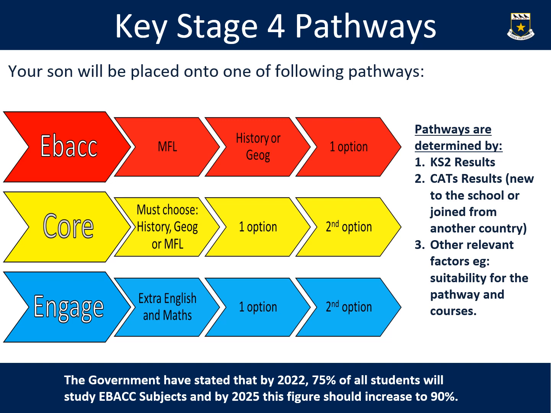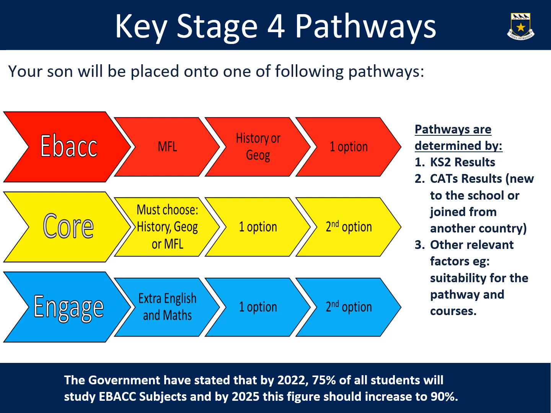If your son is on the core pathway, they can choose one of the EBAC subjects between history, geography, and one of the languages, and then they have two other options that they can choose from as well. If your son is on the Engage pathway, they will be receiving additional support for English and Maths, and then they can choose two options of their choice.